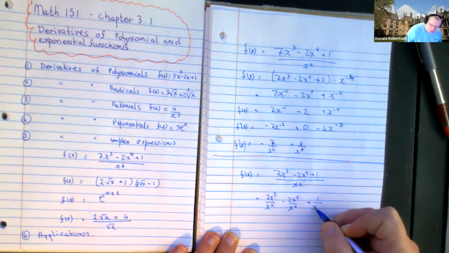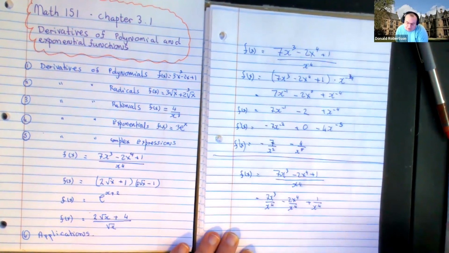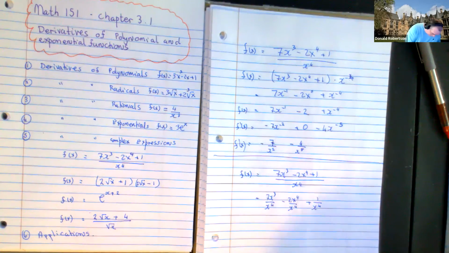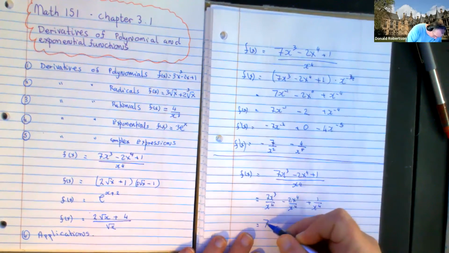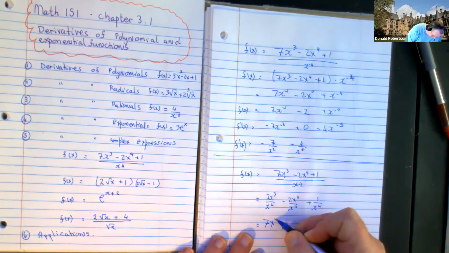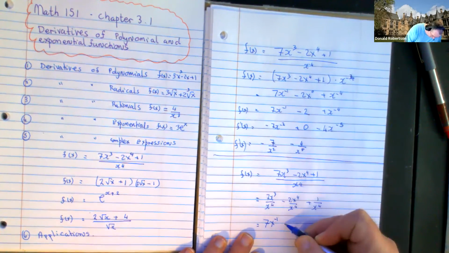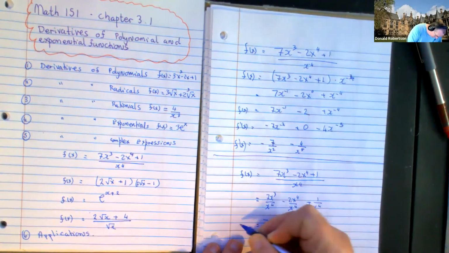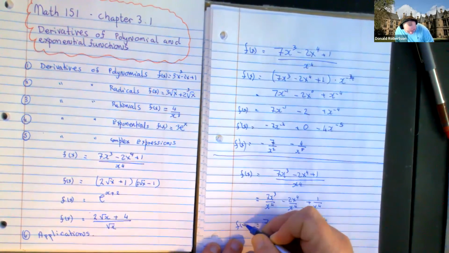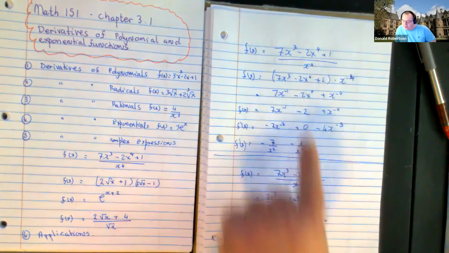Each piece on its own is divided by x to the 4. When you simplify this one, you get 7x to negative 1. When you simplify the middle one, you get negative 2. And when you simplify the last one, you get negative 4. You see that you end up with the same answer as we did the first method.